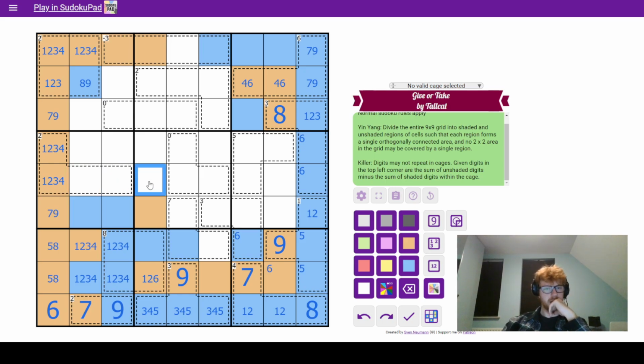Okay. The 0 cages can have 2 blues and 2 oranges. I still feel like it's this 5 cage, just because of how weirdly restricted it is when it's 1 blue and 2 oranges. I find that so interesting.